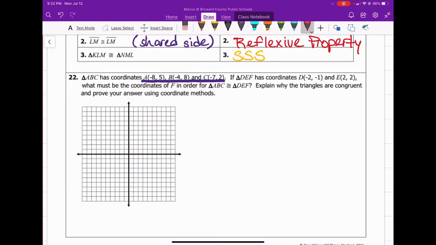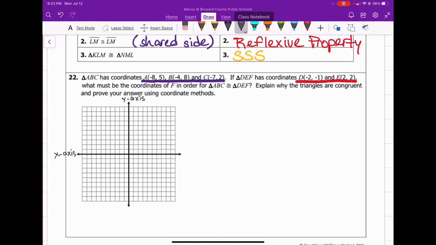And for triangle DEF, I'll use red. So for triangle ABC, let's label our X and Y axis first of all. Here's our X axis, all right? Here's our Y axis, okay? And as a matter of fact, I'm going to write X axis on the other side over here too.